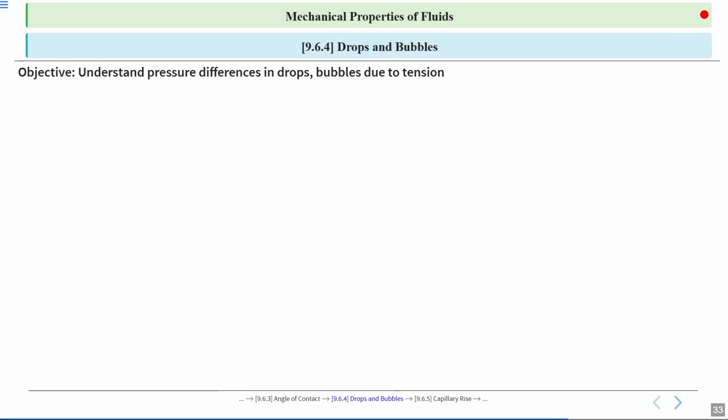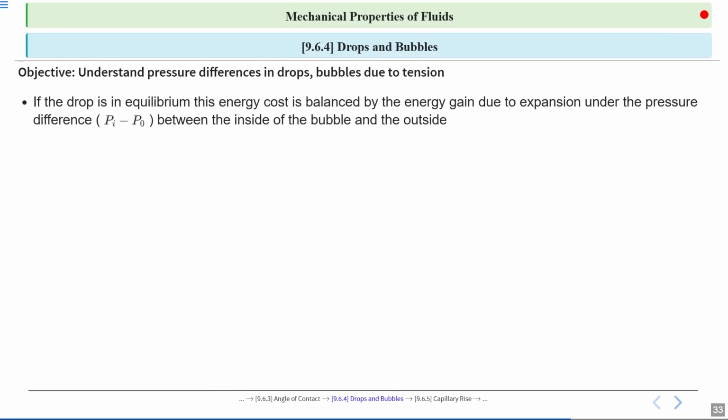Now, if the drop is in equilibrium, this energy cost is balanced by the energy gain due to expansion under the pressure difference Pi minus P naught between the inside of the bubble and the outside. Work done is W equal to (Pi minus P naught) into 4 pi r squared into delta r.